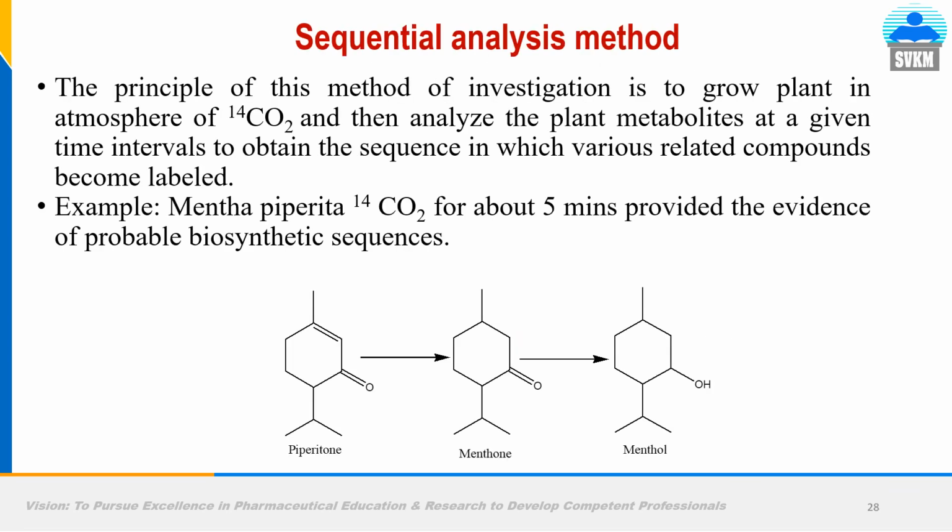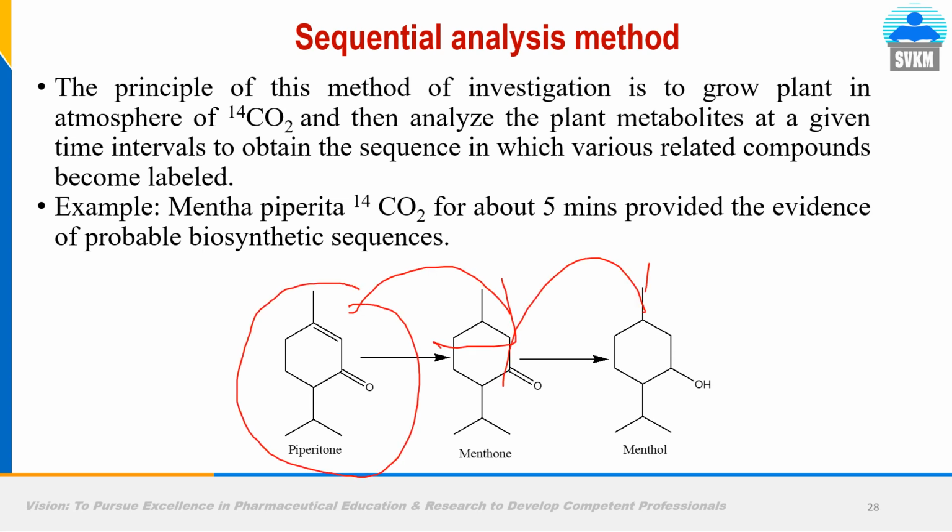And the last is the sequential analysis method. As the name indicates, we study all the possible chemicals that are biosynthesized in sequential manner from the reactant or the precursor. For example, in the plant Mentha piperita, piperitone will give menthone, and this will give menthol.